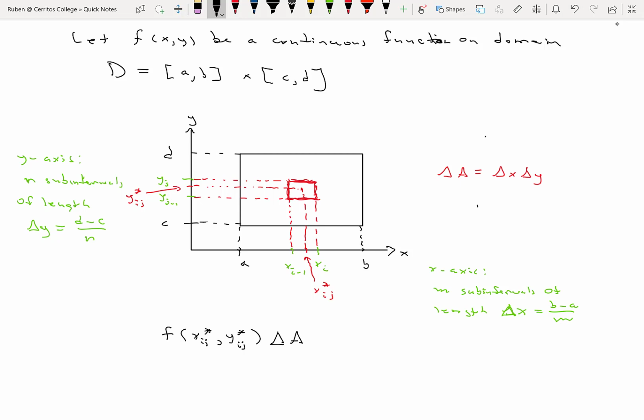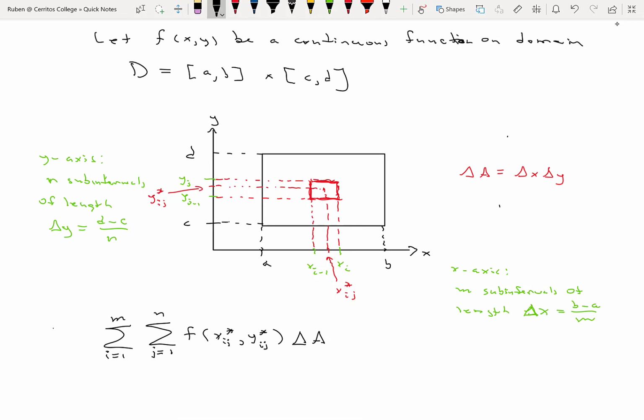Then we summed up in the y direction as j ranged from 1 to n, those quantities, f of x sub ij star, y sub ij star, delta A, each of those quantities giving us the volume of a column that went up to the surface. Then we sum in the x direction as i ranges from 1 to m.